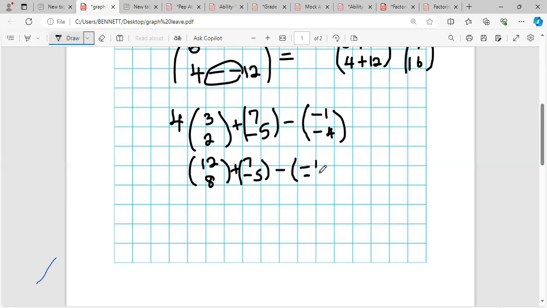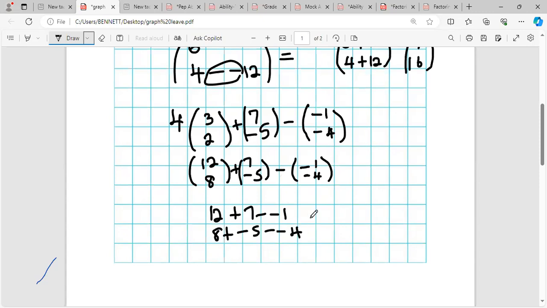Person will forget that there's a minus out there and mess up that. So I could set it out now. It would be 12 plus 7 minus negative 1, right? Because this is minus and this is minus. And then for the y value, it would be 8 plus negative 5 minus 4.